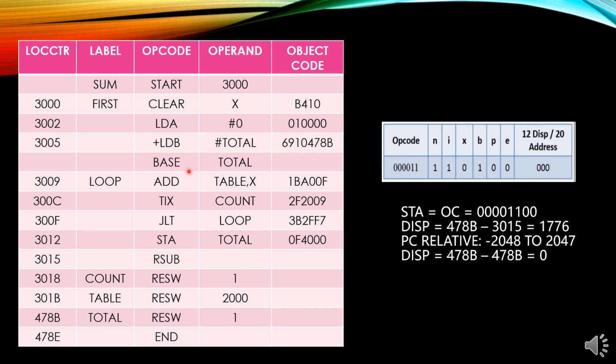E is 0 since it's type 3, so we use 12-bit displacement. And we find displacement by using the base, which is base minus address. As you can see, total is the base, so we find the total address, that is 478B, minus address, which is again 478B, so we get 0 as the displacement. So we store 0 in the 12-bit displacement, and hence the object code we get for this instruction is 0F4000.